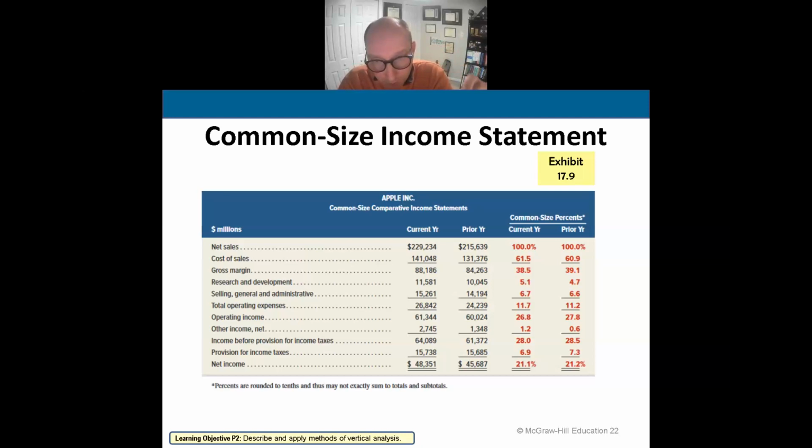So cost of goods sold divided by net sales gives us 61.5% for the current year. I do the same thing for all of my line items on the income statement. Everything divided by net sales. And what this does, again, it shows me the trends from year to year, expressed as a percentage.